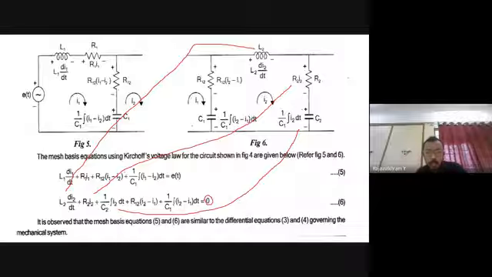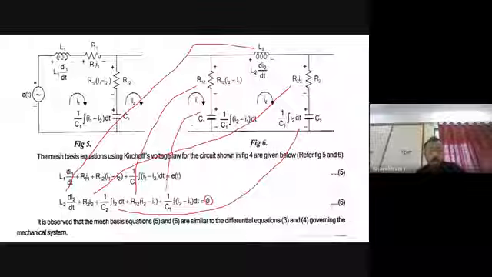After that, you have to write the equation for R12, which is a common element between M1 and M2, and the capacitance C1 is also common. Therefore, R12 into I2 minus I1. Here the current direction should be I2 minus I1 for the second mesh. Then 1 by C1 into the integral of I2 minus I1 into dt equals 0.